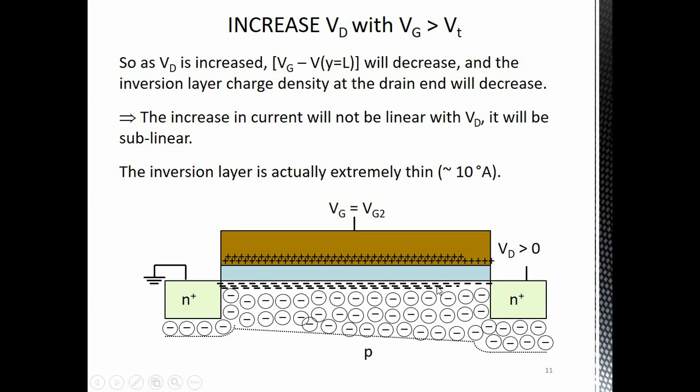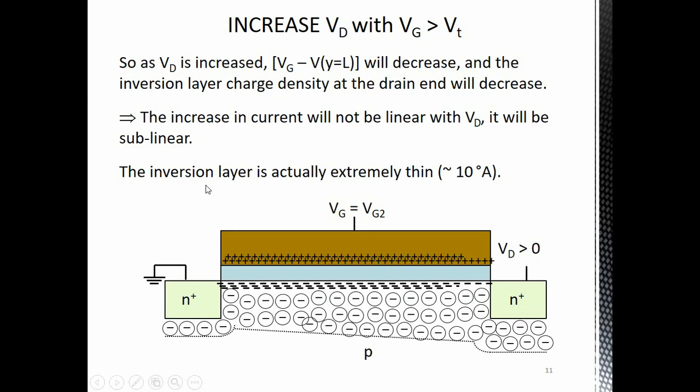And if the conductivity changes with the voltage applied, then the current will not vary linearly with the drain voltage. If the conductivity is constant, this inversion layer behaves like a resistor, and as the drain voltage is increased, the current will increase linearly with the drain voltage. But here the conductivity is decreasing, so the current will not increase linearly, but it will increase sublinearly with the drain voltage.